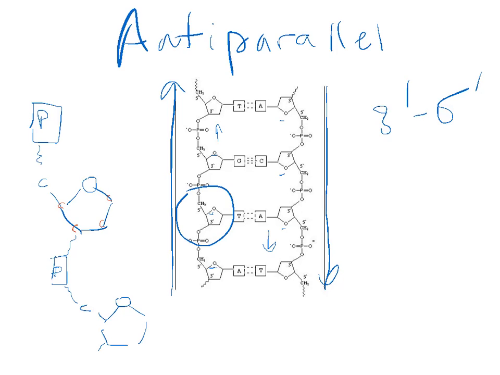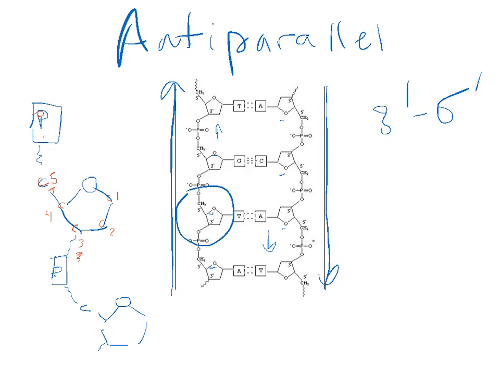So there's actually 5 carbons in that sugar. This is the first carbon, second carbon, third carbon, fourth carbon, and this is the 5th carbon right there. Look what's happening. This phosphate on the bottom is connected to the 3rd carbon. This phosphate on the top is connected to the 5th carbon. They are going 3' to 5'.